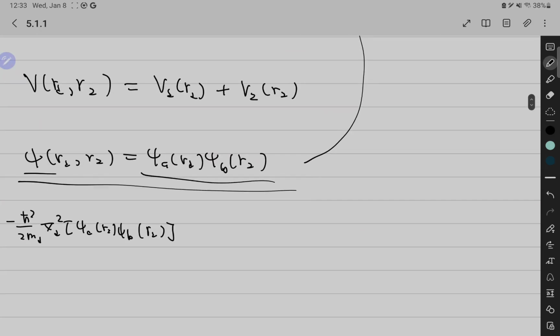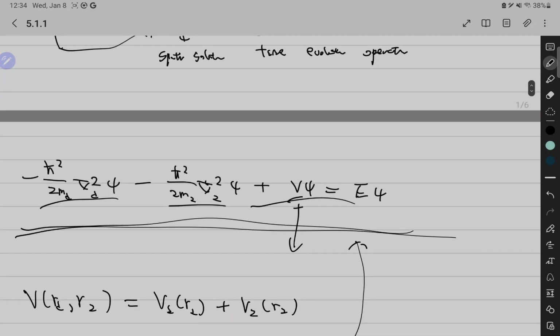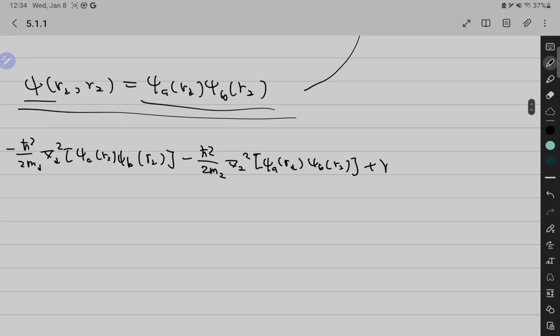And the second part is going to be the Laplacian for particle 2 of phi A(R1) phi B(R2). And then we have plus our potential.